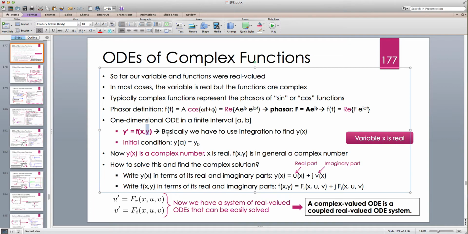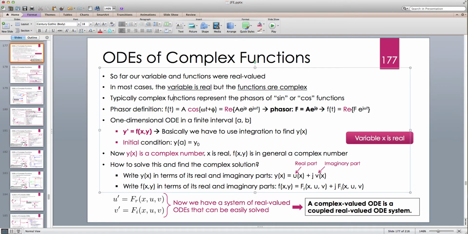Now the question is, in most situations in physical systems, we have a complex function that has an amplitude and phase, or a real part and imaginary part, that is in fact describing the state of the system. So it's not a real function, it's a complex function. So far our variable and functions were real valued. In most cases the variable is real, but the functions are complex.